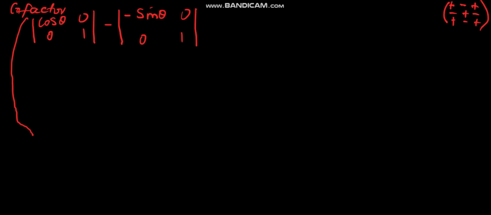Then the next 2 by 2 matrix is going to be positive, so there we're going to have negative sin theta and our cos theta, then a 0 and a 0 there like this. Then we can close this side.